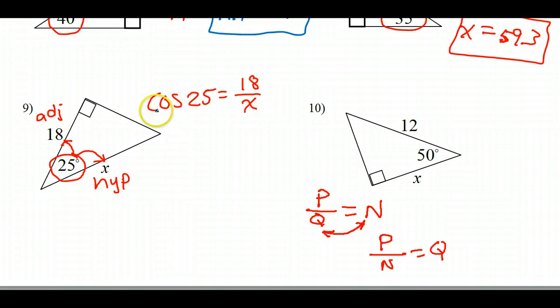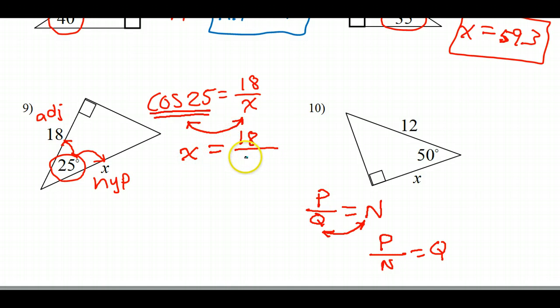So remember, treat cosine 25 as a single thing. When I do this switch, I get x equals 18 over cosine 25, and you can just put that in your calculator.